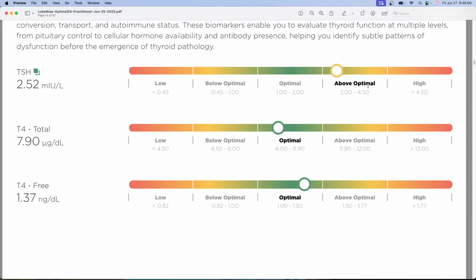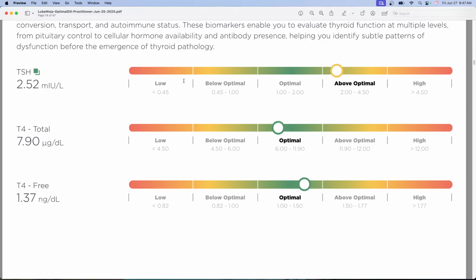So in a hypothyroid issue, with something typically like Hashimoto's, that number is typically going to be high. If you had hyperthyroidism, something like Graves' disease, where you're making too much thyroid hormone, that number would be low because your hypothalamus and pituitary are not wanting to stimulate your thyroid to make any more thyroid hormones. So that can give us an indication of hypothyroid and hyperthyroid status.